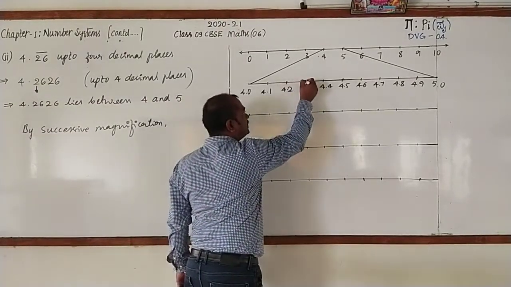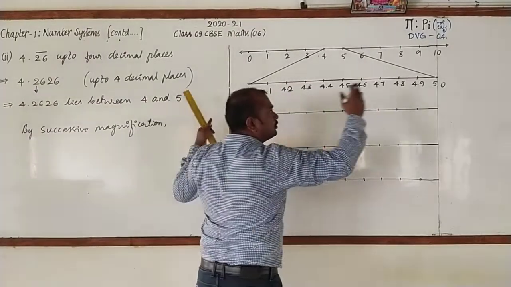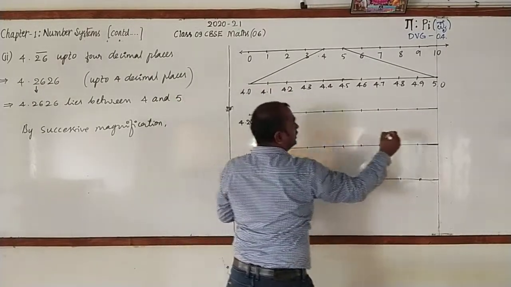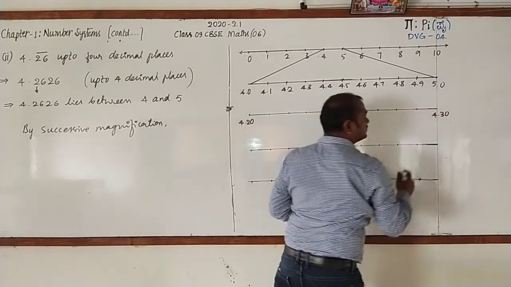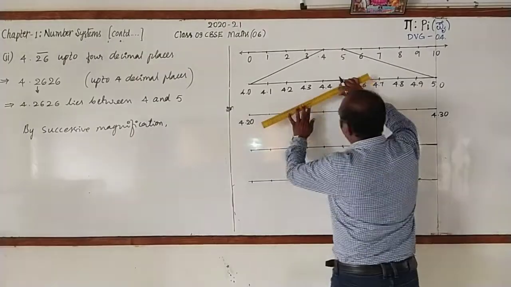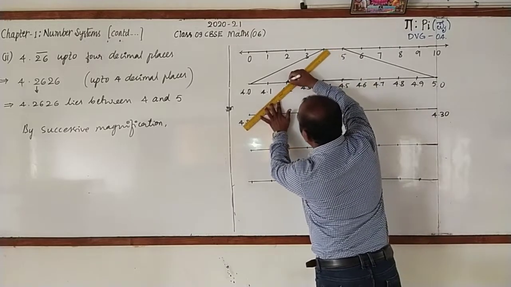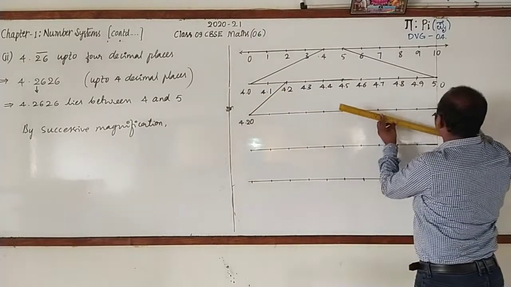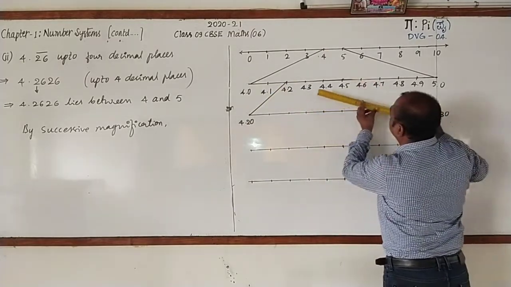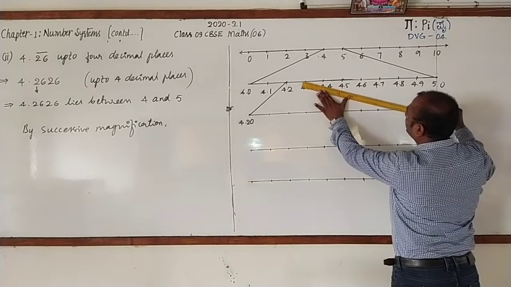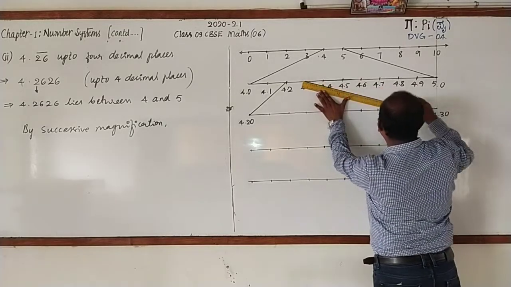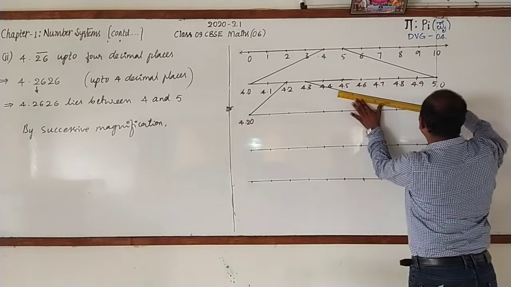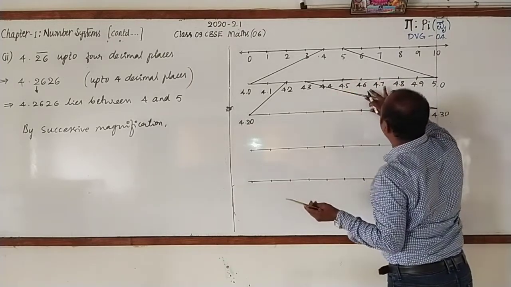I am going to take these 2 points, and these 2 points should be expanded. So here 4.20, here 4.30. Now let us draw the line from the initial point to 4.2, and next one, the final point to 4.3. When you are drawing, better to use the long scale, it comes correctly.